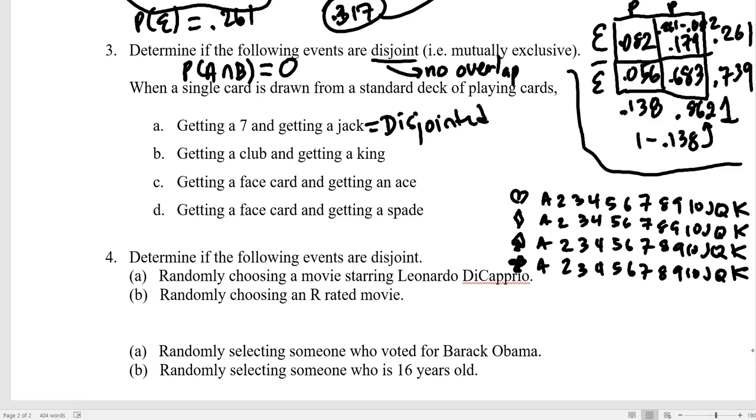Can I have something that is a club and a king? The clovers there, right? The king, all the kings. Is there an overlap? Is there a club king? Yes, there is. So if there's an overlap, what's the opposite of disjointed?